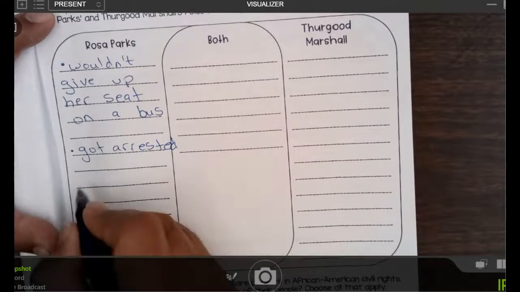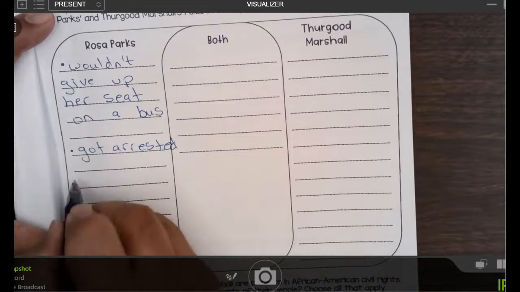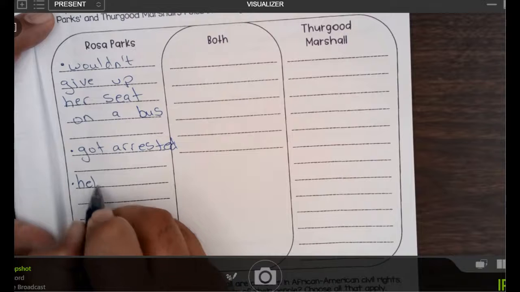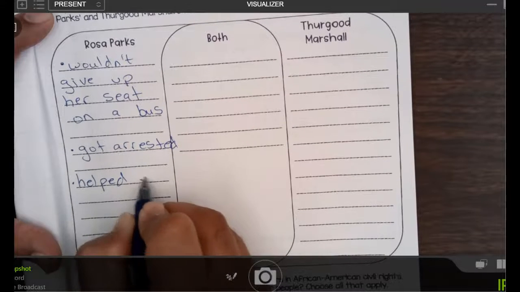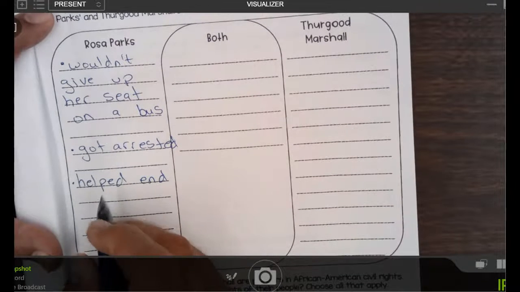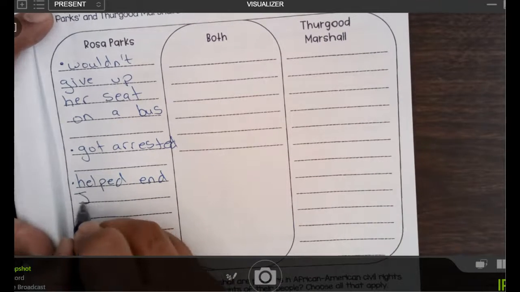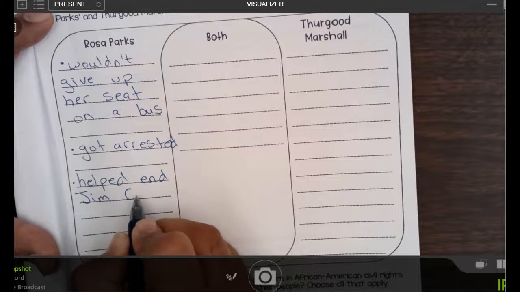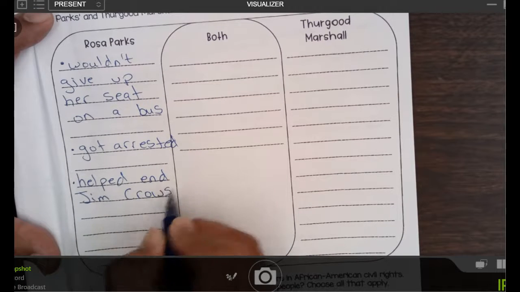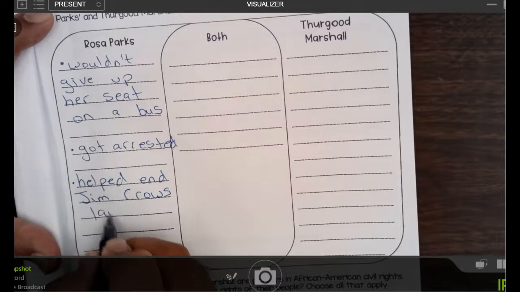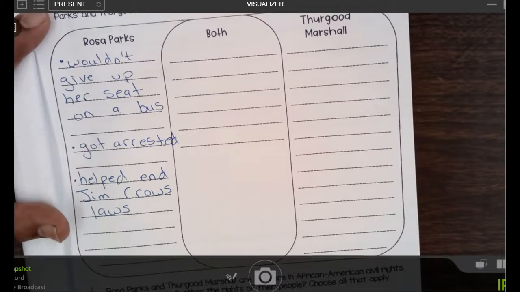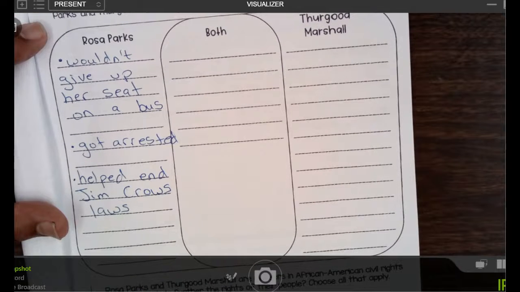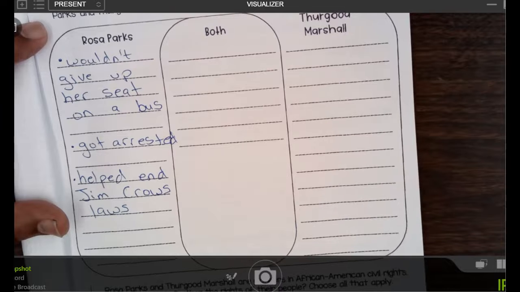But because of that, I just want to write this out for you. Because of that, she helped end the Jim Crow laws. Those laws were unfair. That means they actually had separate bathrooms.